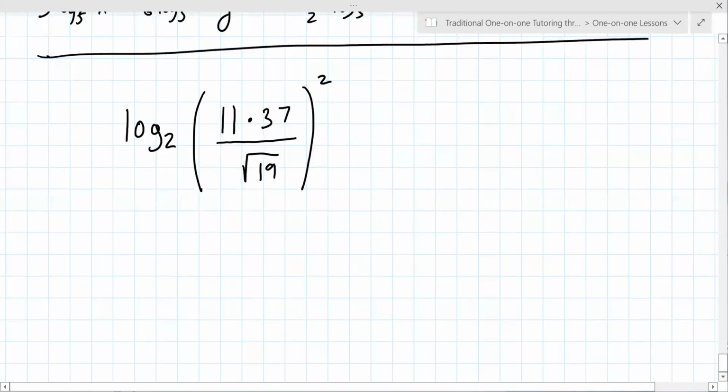What do you mean by that? Well, it's 11 times 37, so it'd become 2 log of, yeah, right. Yeah. Let's make sure you brought that 2 out front.